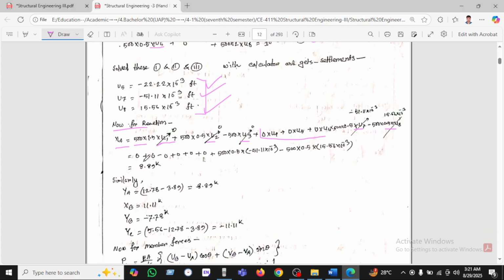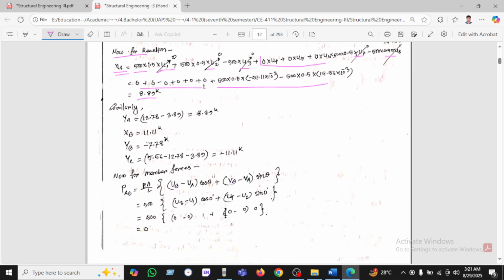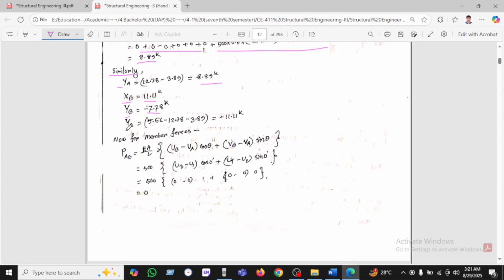After all the zeros, we find only this member, which is 8.89, which is XA. Similarly, we can calculate YA and find 8.89, XC equal to 11.11, YB minus 7.78, and YC 5.56 into 12.78 and 3.9, which is 11.88 kg.